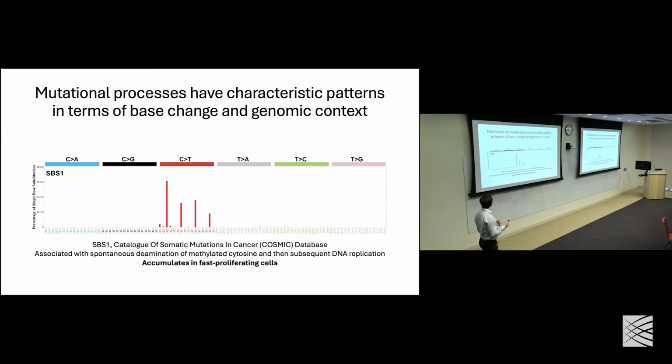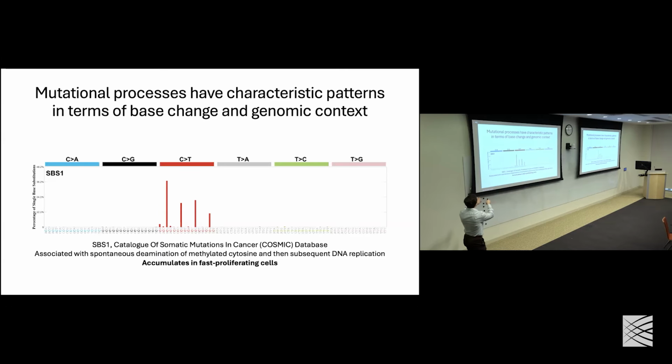It turns out that this is SBS1. This is the result of a somatic mutational process whereby spontaneous deamination of specifically 5-methylcytosine leads to a misrecognition during DNA replication, where that original 5-methylcytosine looks like a thymine and we get a mutation.